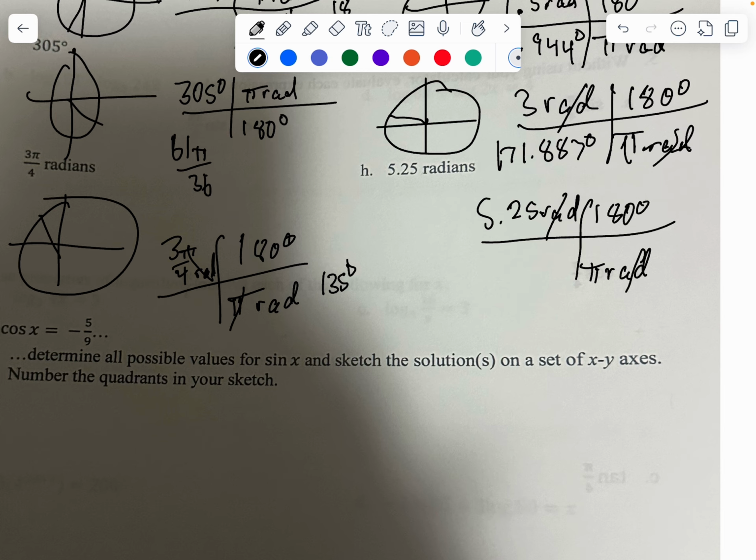Cancel the radians. 300.803 degrees. We'll sketch that real quick. That's a horrible circle. I'll say about right there.